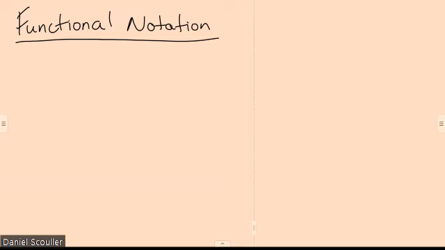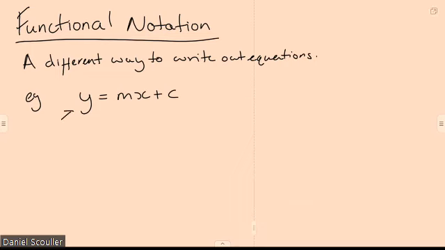Functional notation is a different way to write the equations that we're familiar with. So for a straight line, for example, we've been using y equals mx plus c. That's the algebraic method.